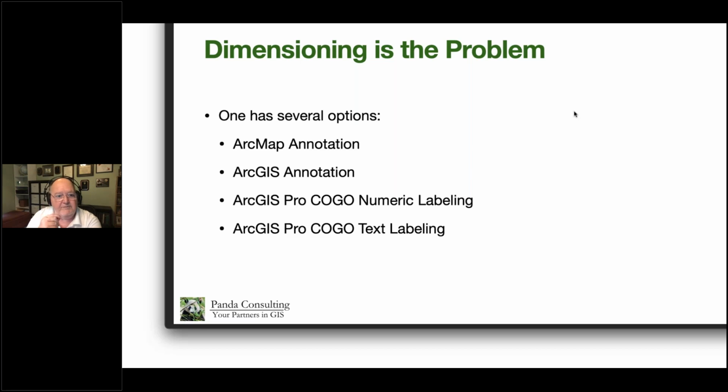And we've got problems with this because there's several options here. One, we can use ArcMap annotation, which a lot of us have, is that we have ArcMap annotation on here.